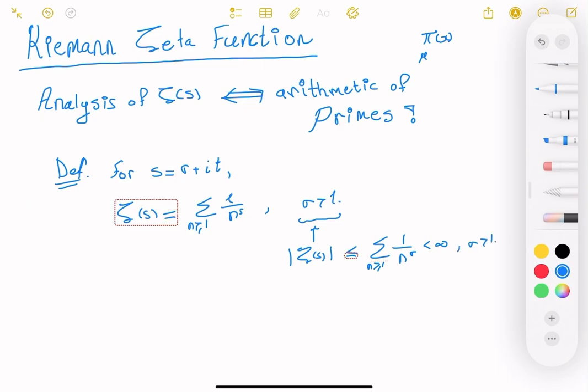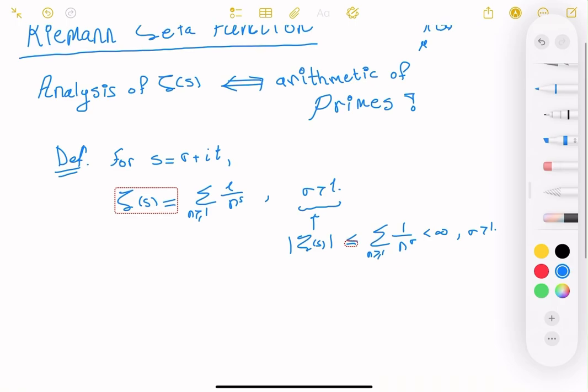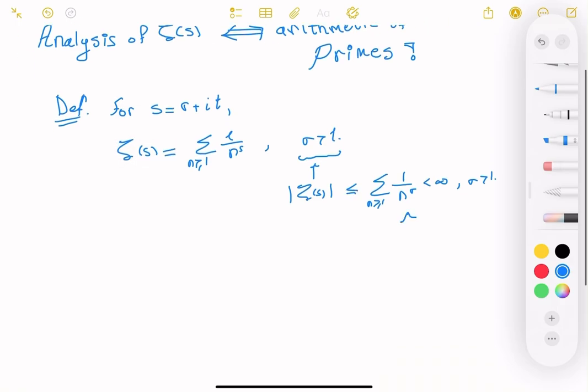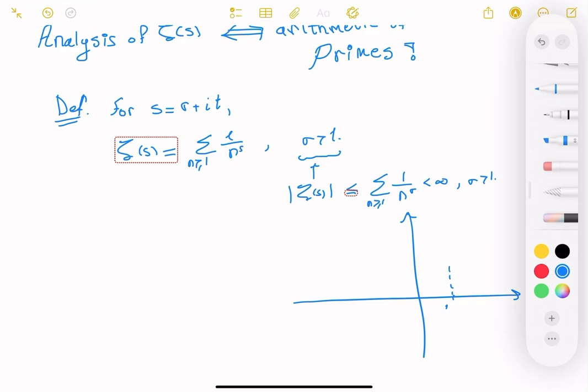Okay, so this is the definition on the right half plane. So we define zeta on the half plane to the right of 1. Over here we define it in this way.